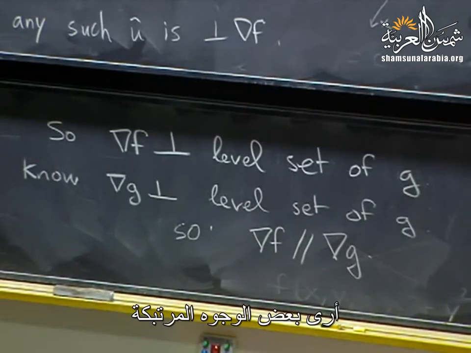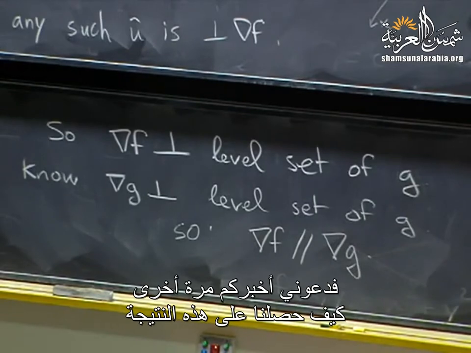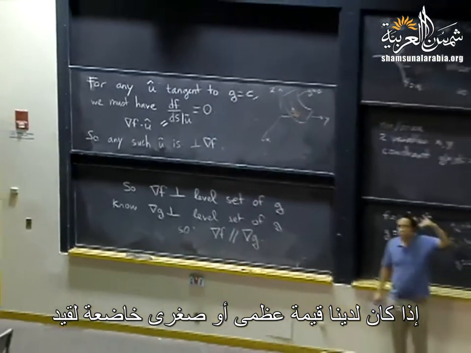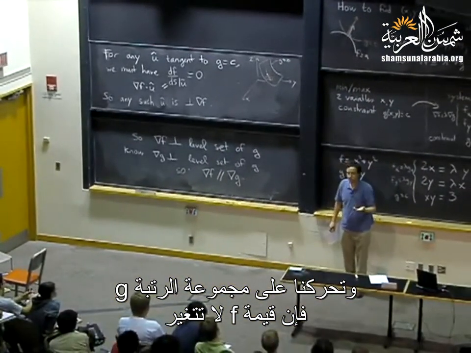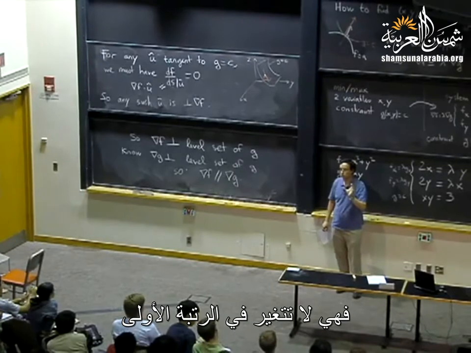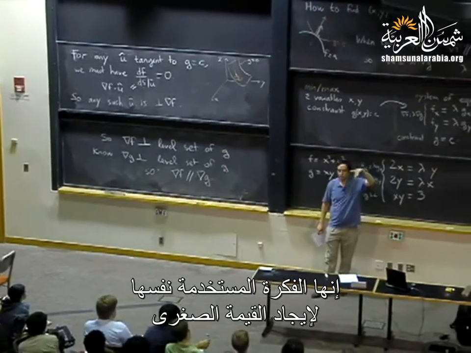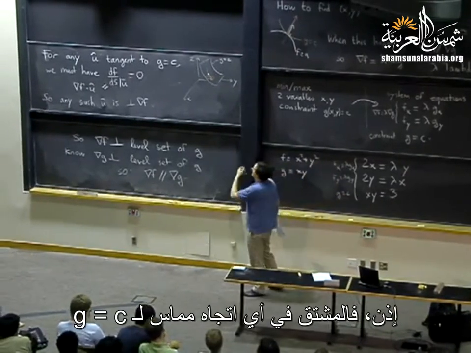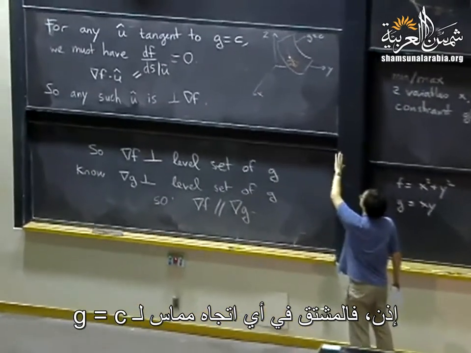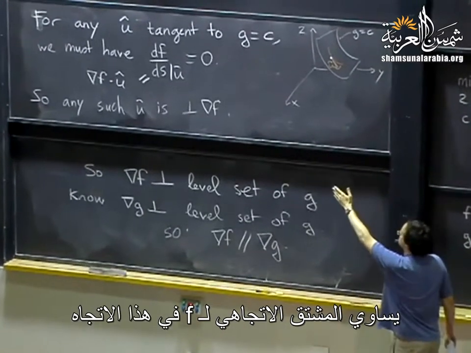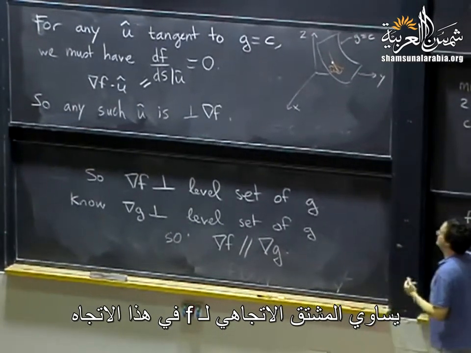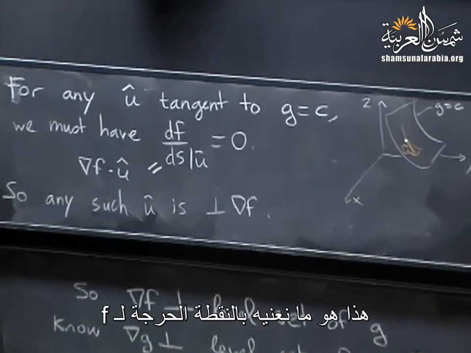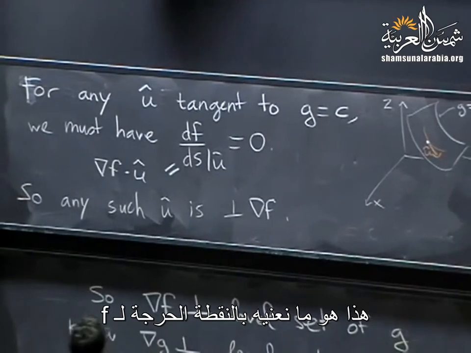Okay? I see confused faces, so let me try to tell you again where that comes from. If we have a constrained minimum or maximum and we move in the level set of g, f doesn't change, at least to first order. It's the same idea as when you're looking for a minimum, you set the derivative equal to 0. So the directional derivative of f in any direction tangent to g equals c should be 0. That's what we mean by a critical point of f.